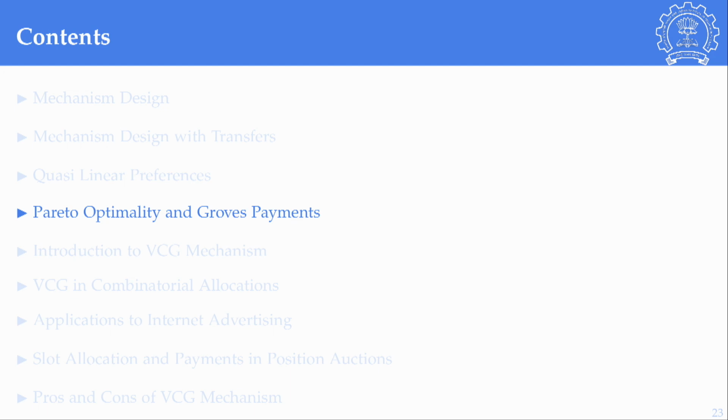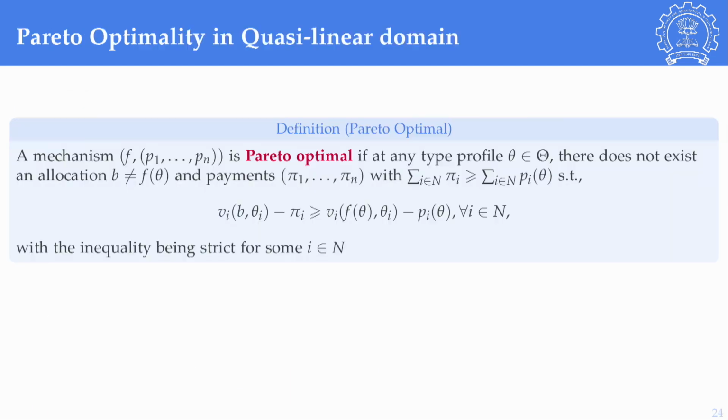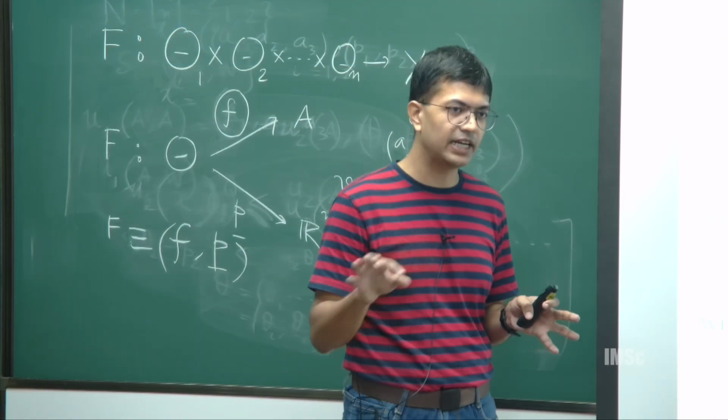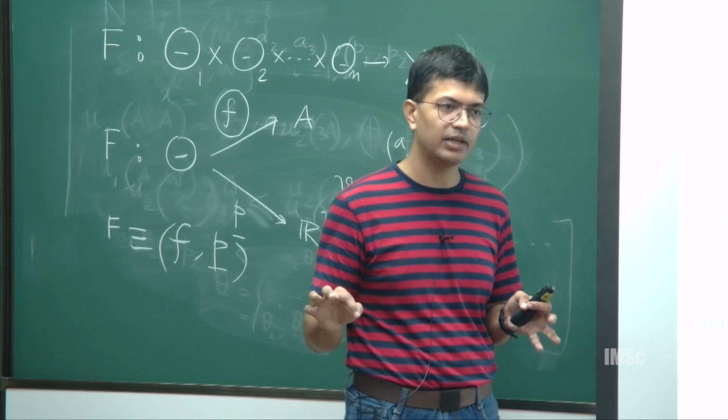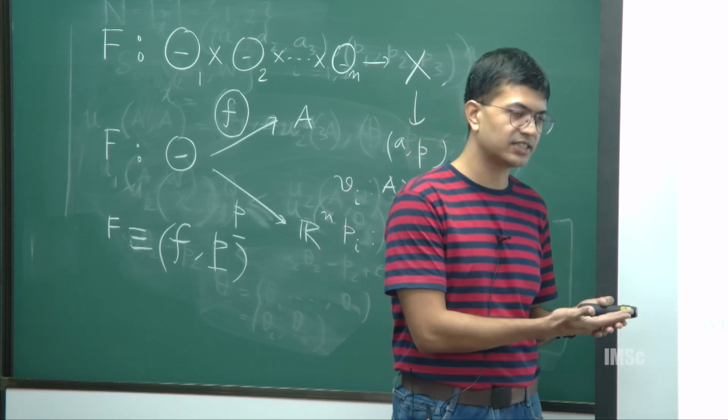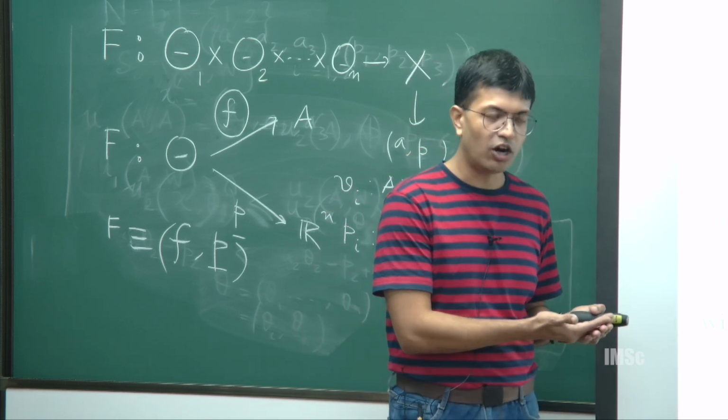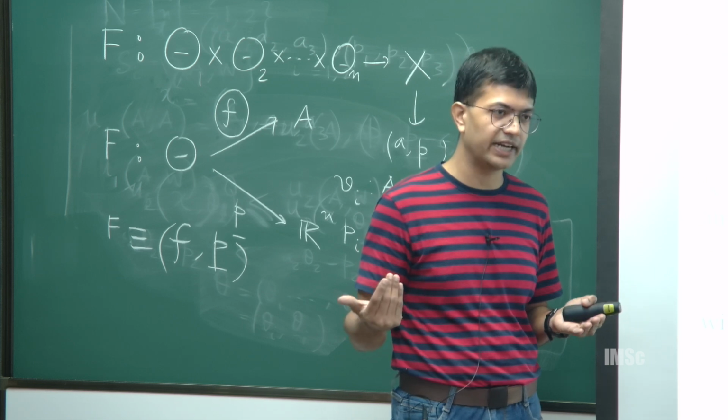Now, what is Pareto dominance? Before we get into the math, let us try to understand it in this way. Suppose I have two different outcomes, and in one outcome each of these players is getting weakly better off, their utilities are getting weakly better off compared to the original one, and someone is strictly getting better off.